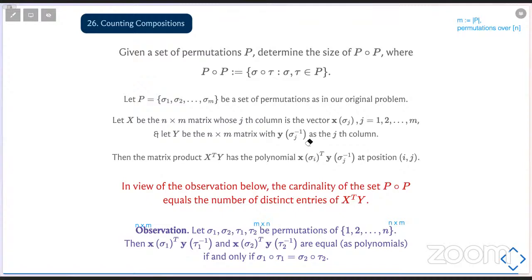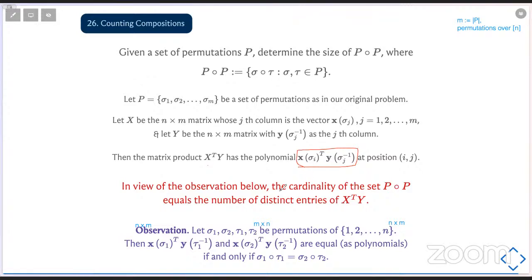They're not. Y has to collect the inverses because of our basic setup. In the ijth entry, the matrix product X transpose Y has this guy, and this guy is reflecting the polynomial that captures the composition between sigma I and sigma J.